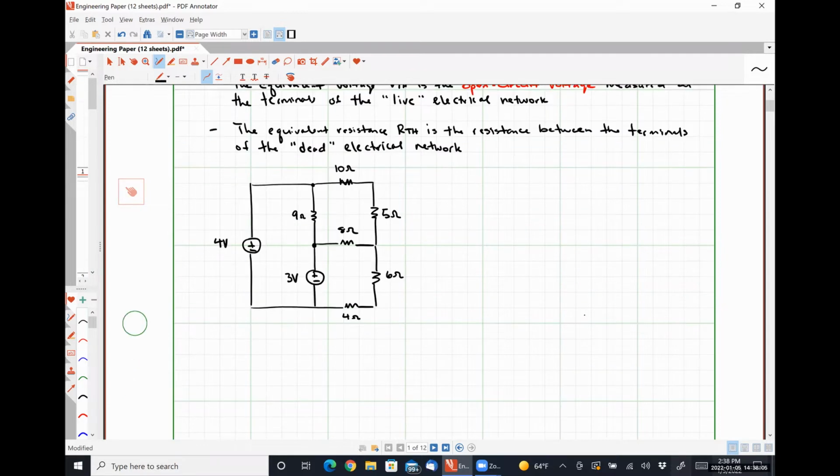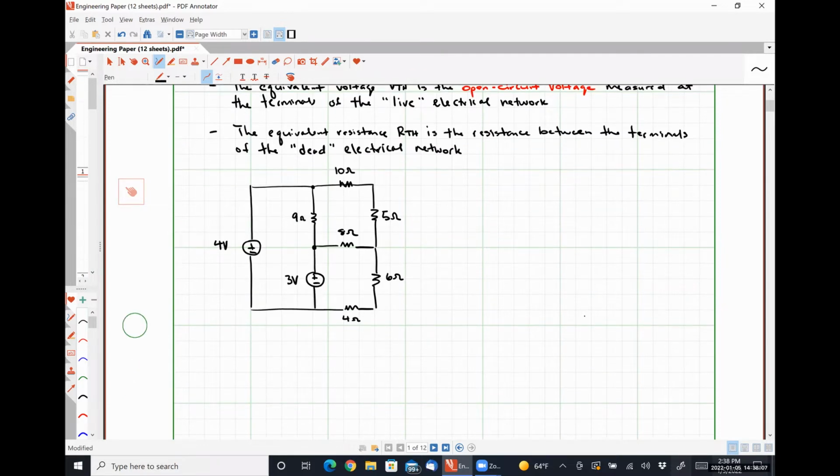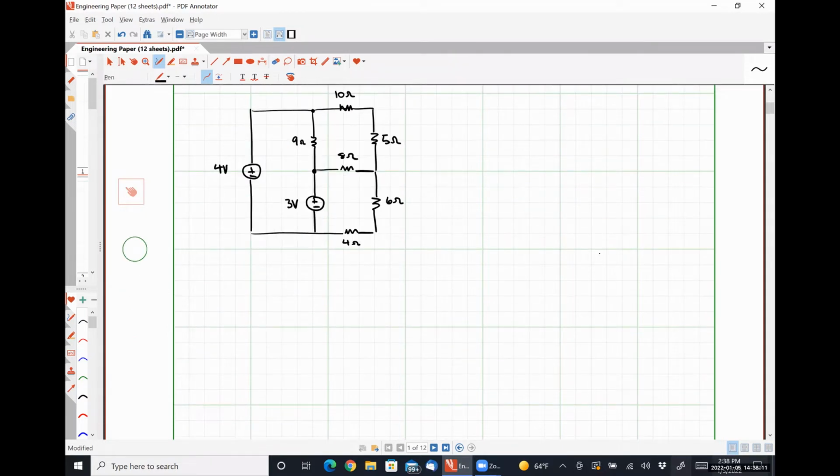So to find the Thevenin equivalent voltage with respect to the 6 ohm resistor, I'm going to redraw my circuit and take that 6 ohm resistor out.